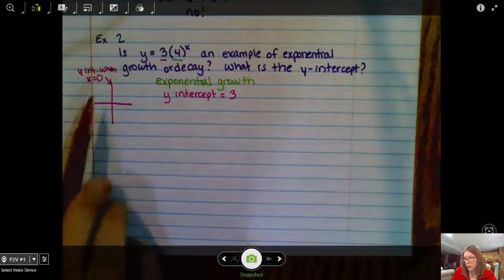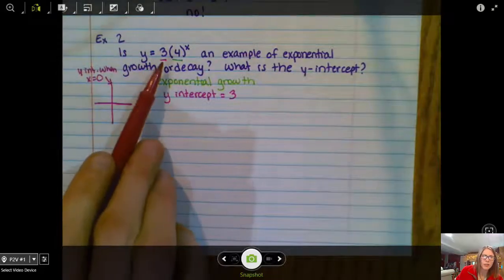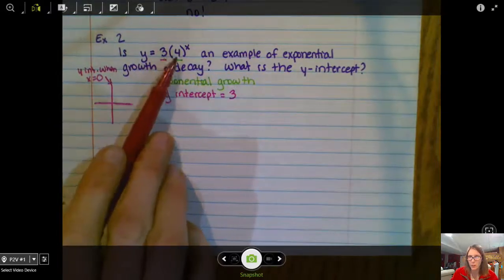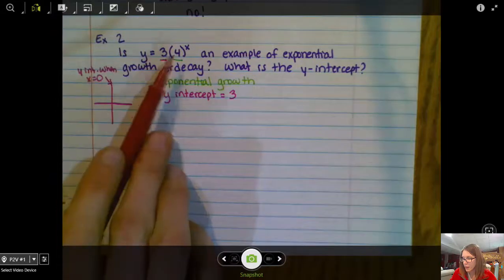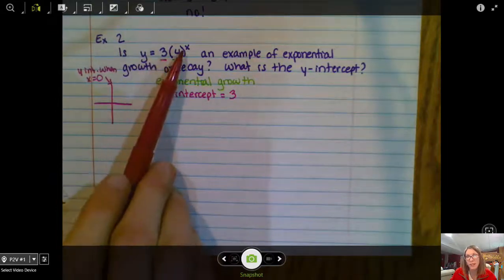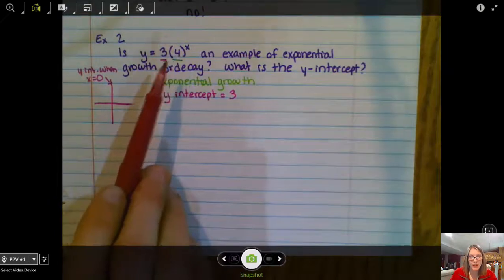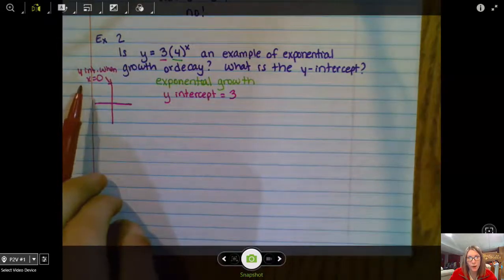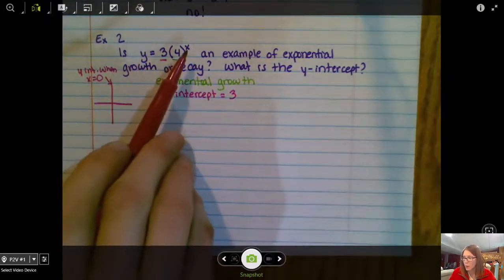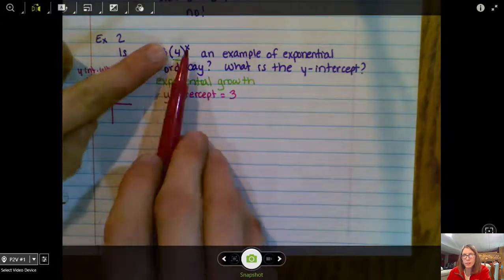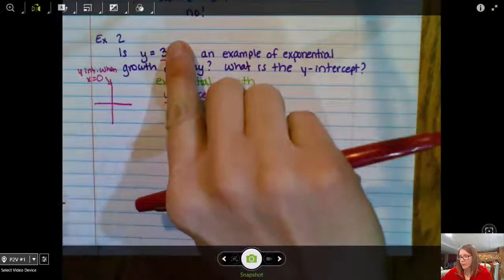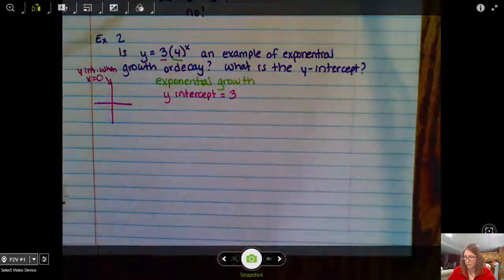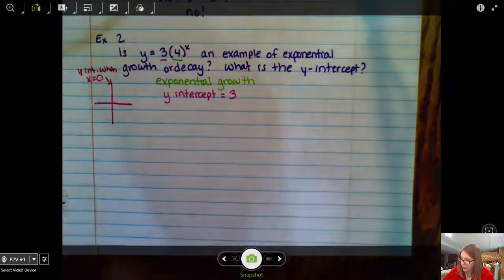So if you weren't sure which one is the y-intercept and which one is the growth rate, we could also try plugging 0 into your equation, and that will tell you what your y-intercept is, if you ever needed to verify something. So again, I could find my y-intercept by plugging 0 into my equation. 4 to the 0 power is 1 times 3 is 3. Now, one more situation quick here.